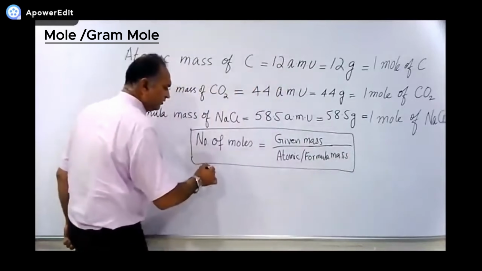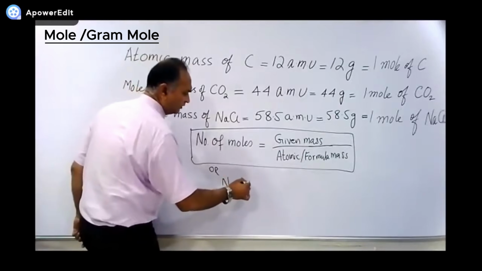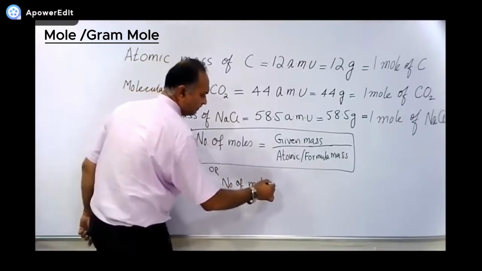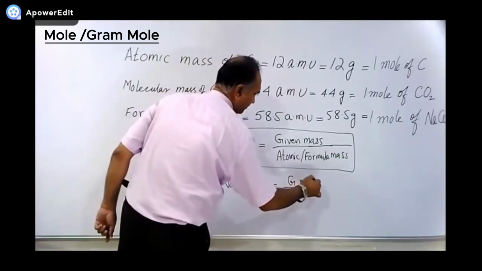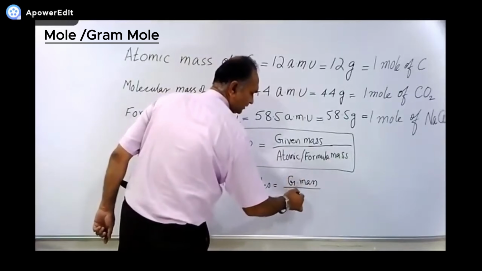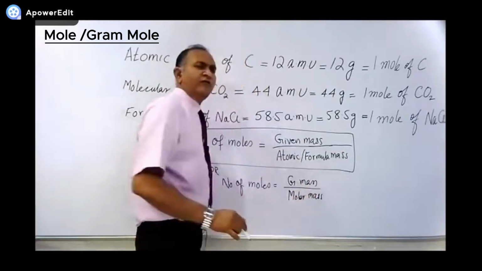Or for simplicity, I can write in my own words that number of moles is equal to given mass upon molar mass. Because I told you that molar mass can cover all types of masses.